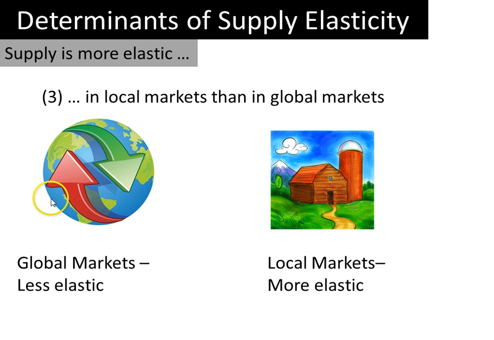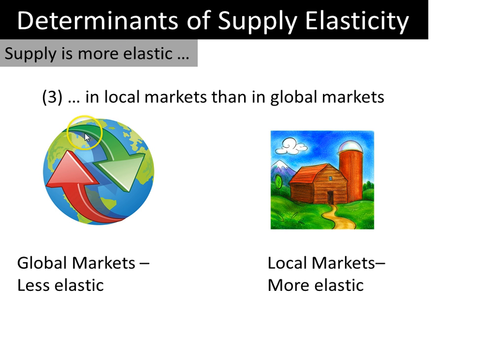Supply is also more elastic in local markets than in global ones. So where do you think the supply responsiveness is going to be greater? In the world price of gasoline or the local market for gasoline? Well, if the price in a local market goes up, producers can bring oil supplies from other localities, and therefore they can increase the supply of oil in one particular market quite a bit.